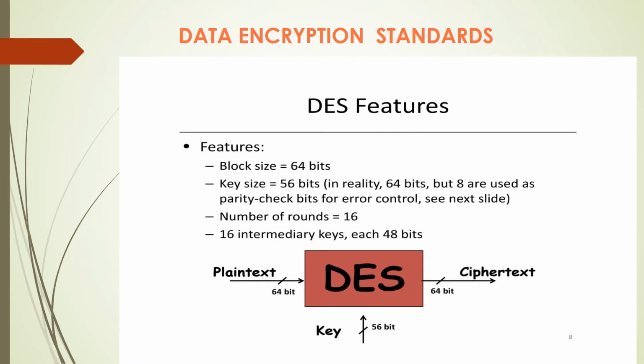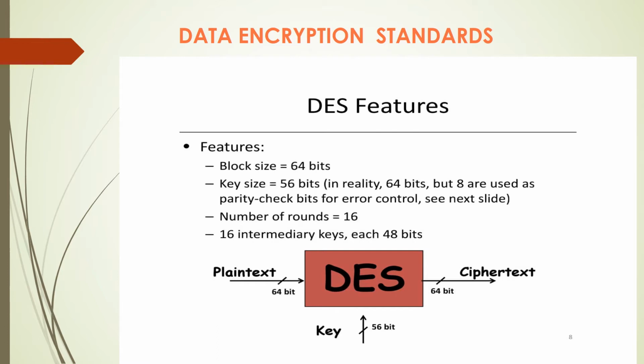That means, suppose an alphabet A appears in the first place in the plain text, in the ciphertext that alphabet will appear in the second or third or something other than the first place.